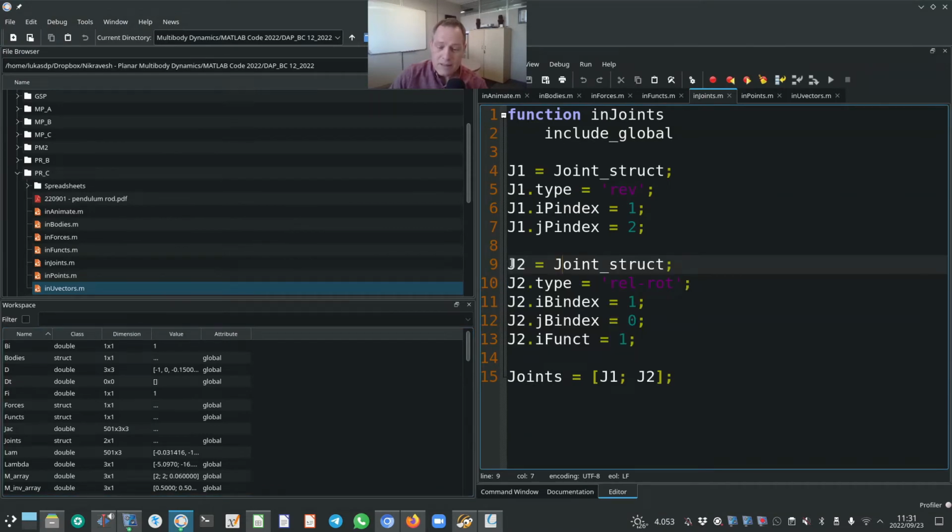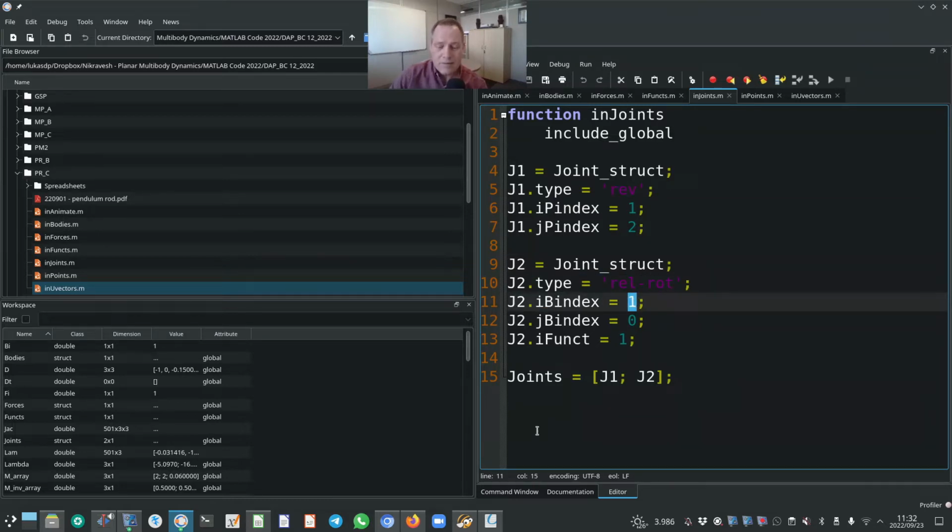The way we do that in Newton-Raphson's algorithm is we specify a specific joint type, which is referred to as a relative rotation joint. It's between I body index 1.